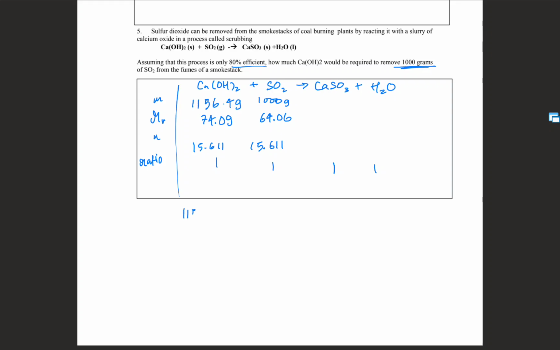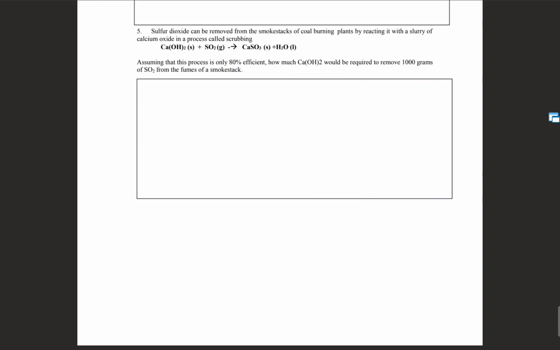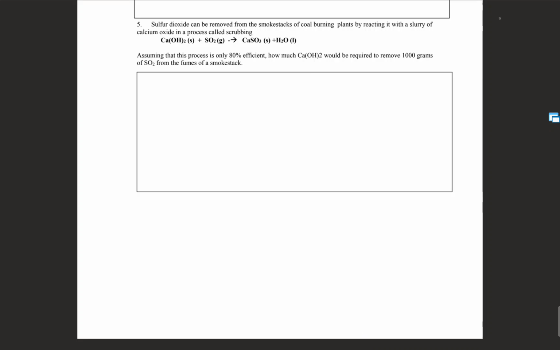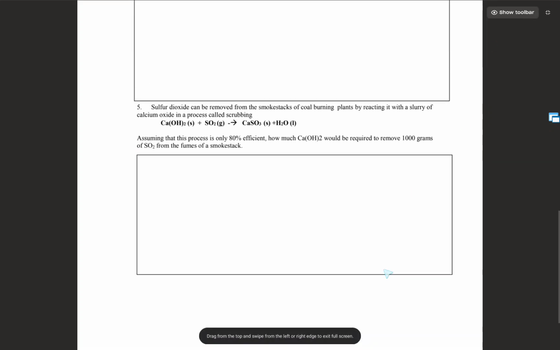We can take the theoretical and divide it by the efficiency to get 1,445.91 grams. And that's it.